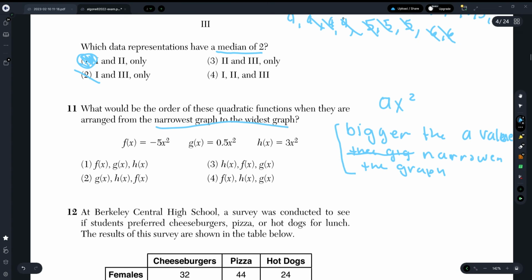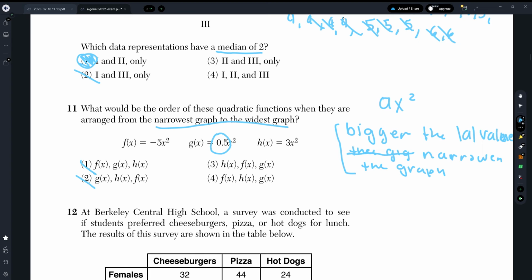So since 0.5 is the smallest, that means that 0.5 is probably going to be the last term, g of x is going to be the last term in the list. So we can cross out 1 and 2. So next we look over here, which is, actually, let me say that the absolute value of a is the bigger value.